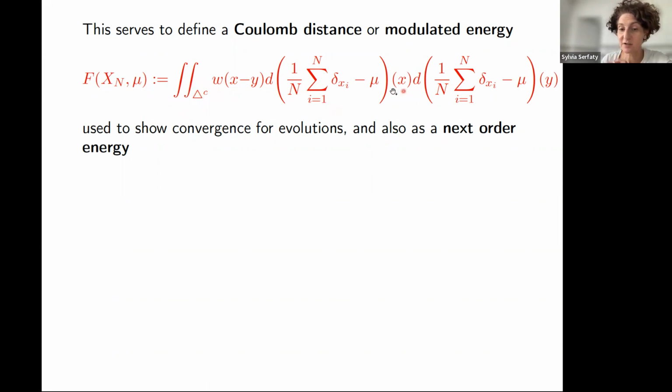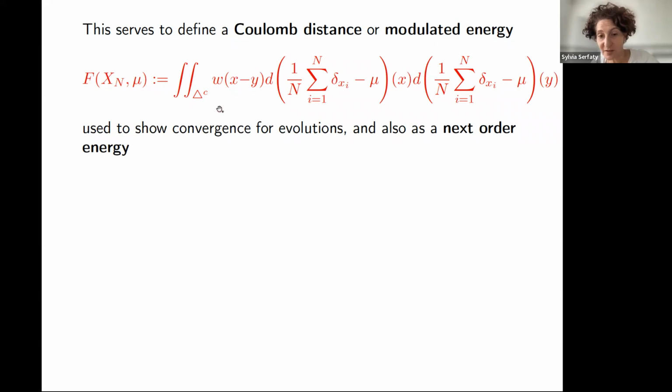And you have to remove the diagonal because if you keep it, then you will have the self-interaction of a Dirac. Delta xi will interact with delta xi, and that will be infinite because W is infinite at the origin. So you don't want to count the self-interaction of the points. You only want to count the interaction of the points with each other and of the points with the measure mu. So you remove the diagonal for that.